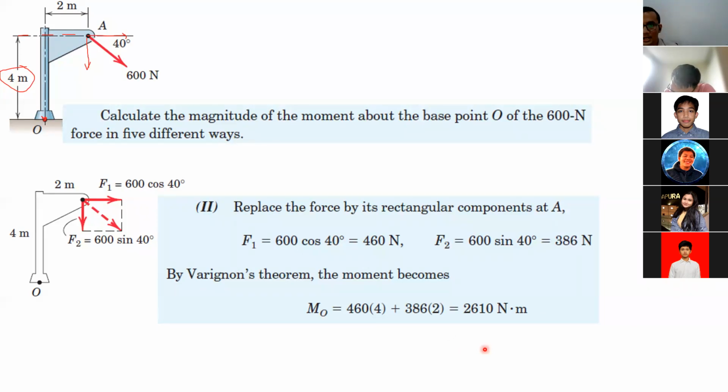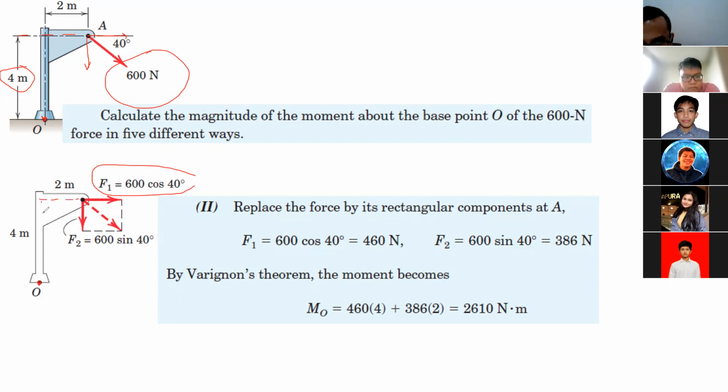Remember, after you divide the force into its components, in this case we already divided 600 Newton into F1 and F2. F1 is the horizontal component, 600 Newton cos 40 degrees. After that, we have to find the perpendicular distance from the center of rotation to the force.